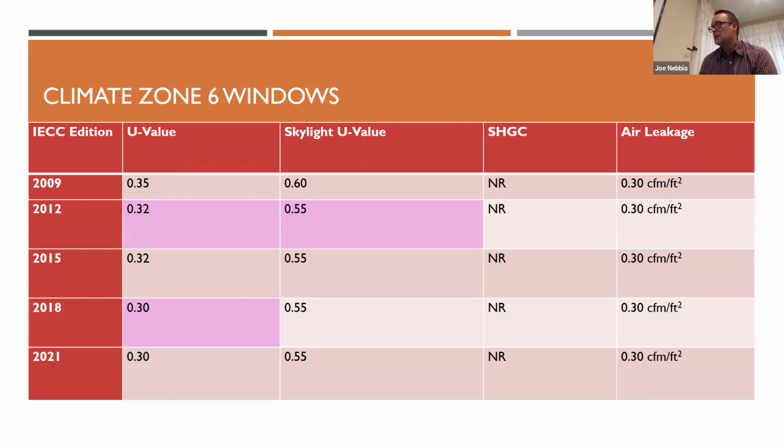There's also an air leakage requirement for windows. It's not in the prescriptive tables, but I list it here because it is a window metric. This is tested in the factory. This is not your blower door target. This is your target for the window itself, and the manufacturer should be testing this.